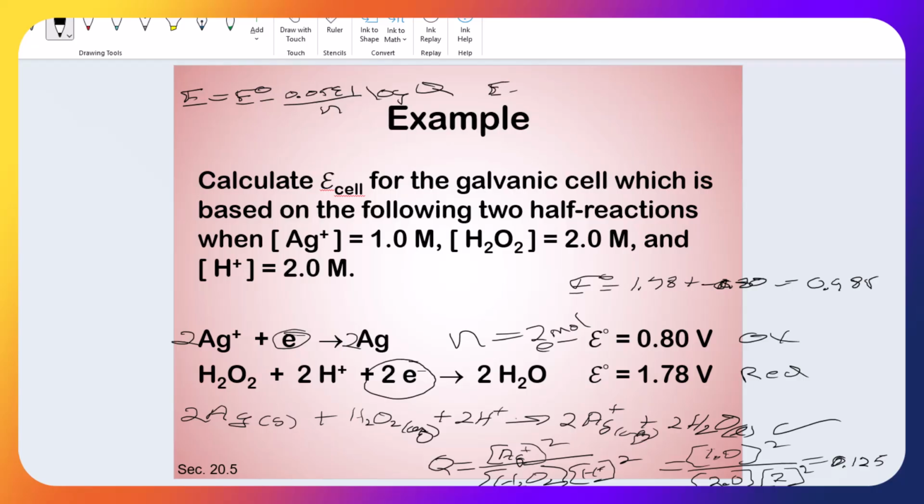E is equal to 0.98 minus 0.0591 divided by 2 moles of electrons, and then times the log of Q.